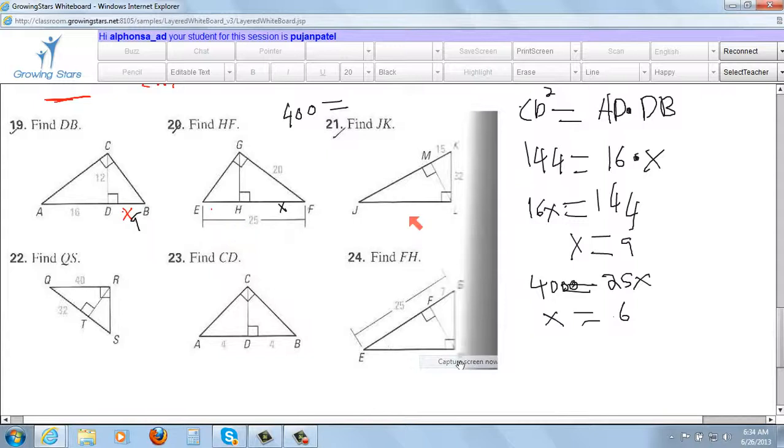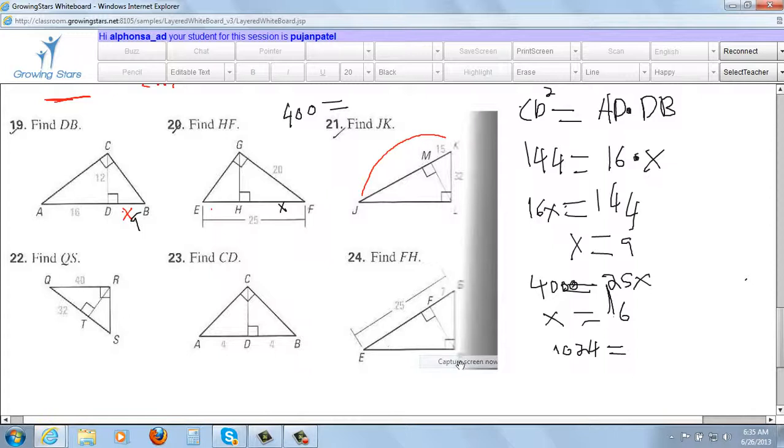Next one. Okay, so find JK. So full length, 32 squared. 32 times 32 equals 1,024, equals 15 times JK.